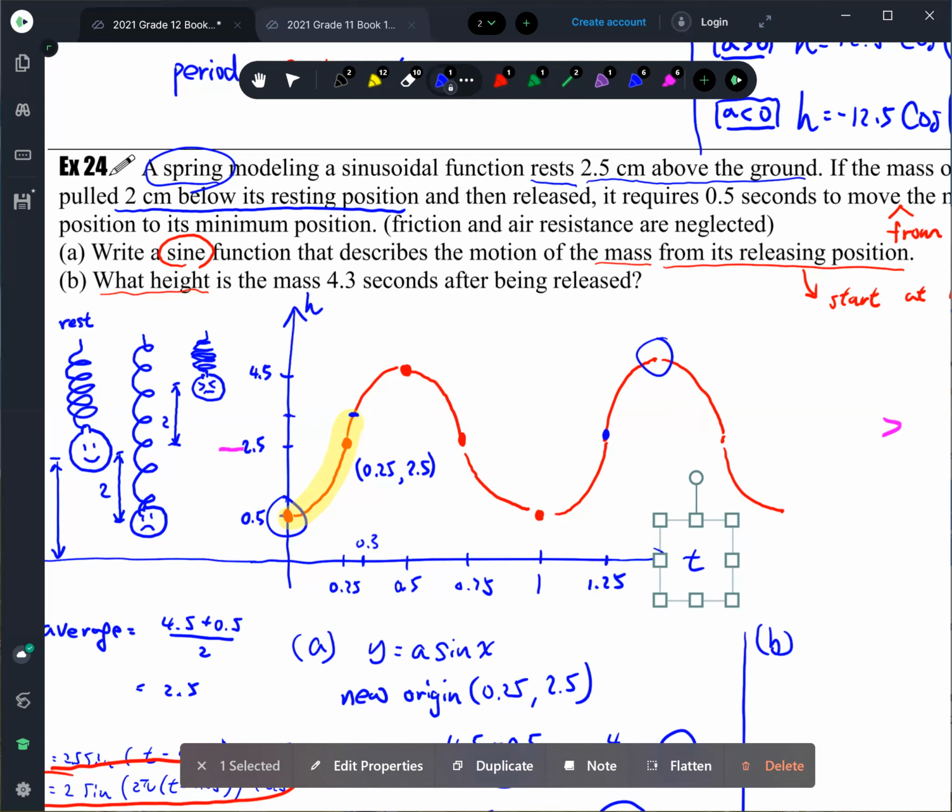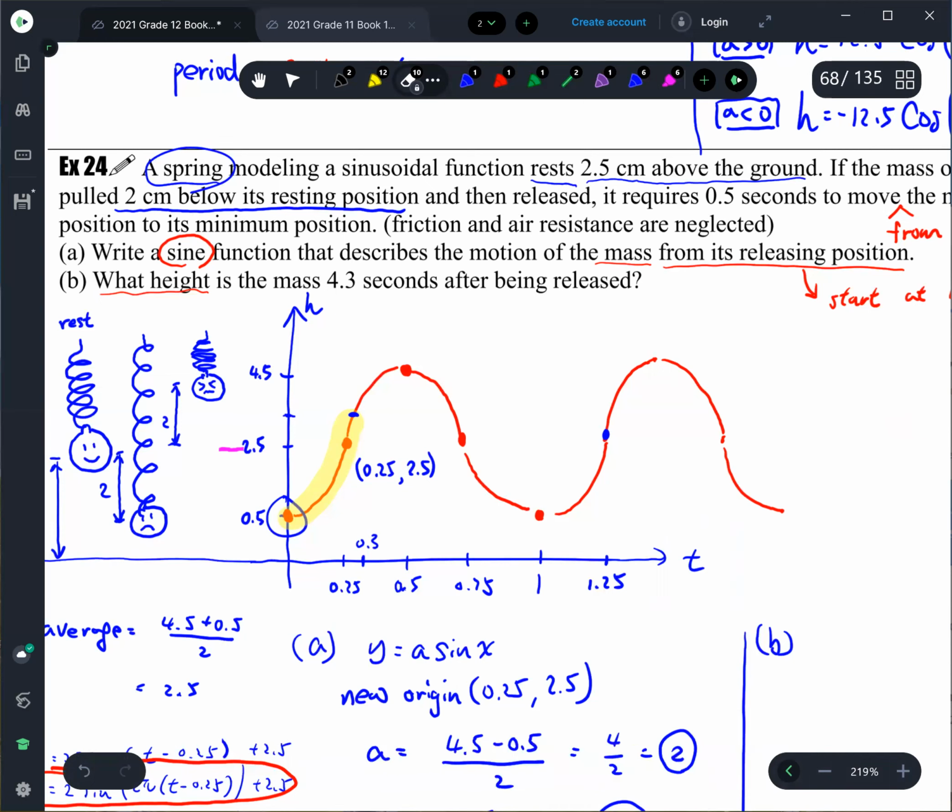So you need to know what we are doing. When you get an answer, it's not just plugging into the calculator. When you get the answer, you have to double check, does the answer make sense? So I'm guessing that it should be around 3 centimeters, 3 point something, for this place.